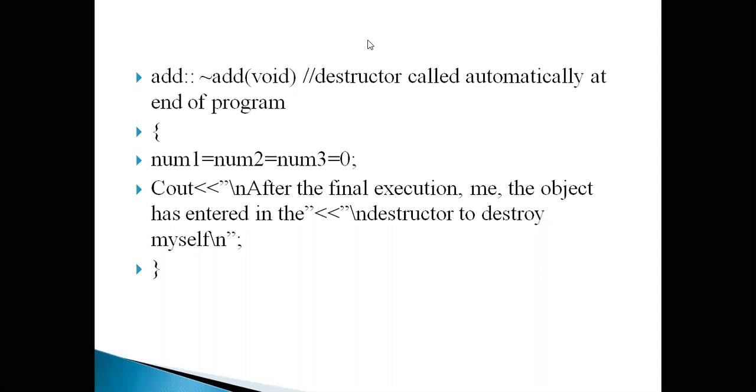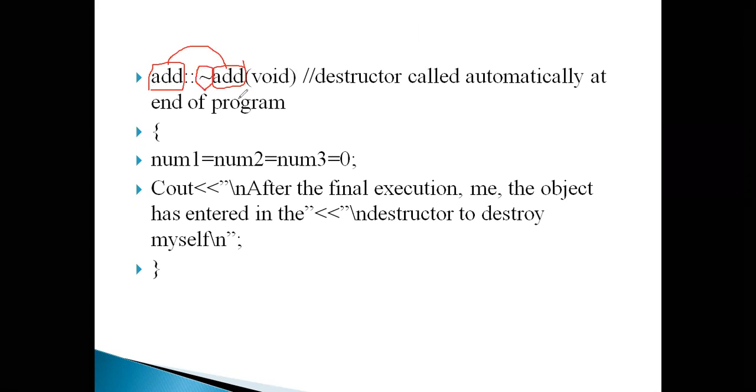Now look at this particular example, which I am defining related to the destructor. This is the name of the class, and this is the name of the function. If both the class name and function name are the same, you call it the constructor. But here we are specifying one more symbol before the function name, the tilde symbol.